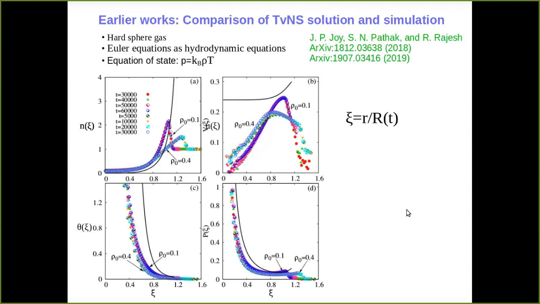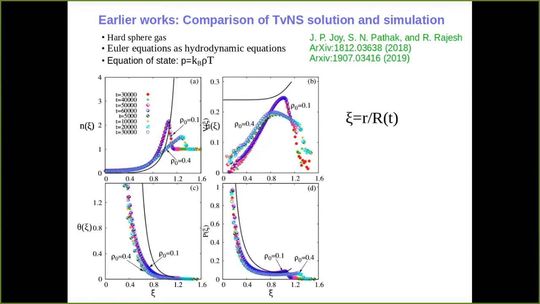Okay, in this work, Joy and Rajesh and others also used a hard sphere gas, and also considered Euler equations as the hydrodynamic description, but they used the ideal gas equation of state, and tried to verify the TVNS solution with the microscopic simulation.